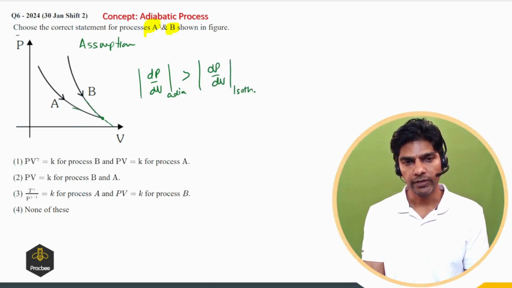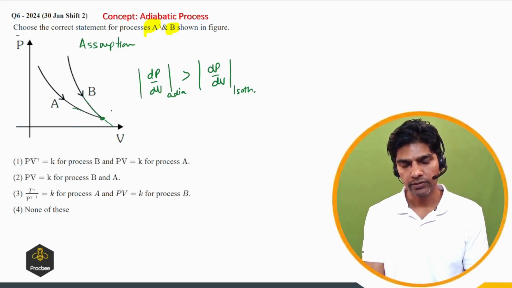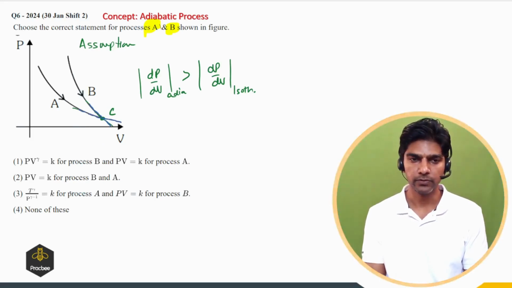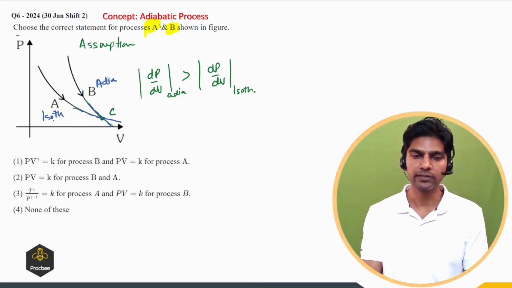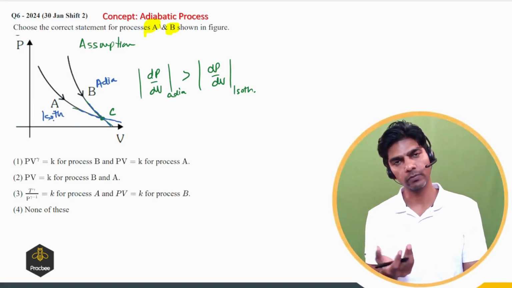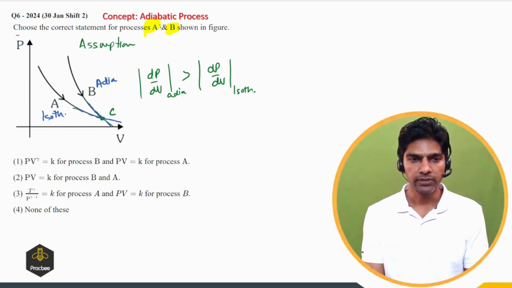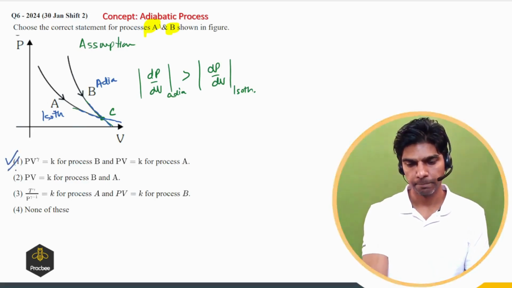If you look at this point, let me call it C. At C, the slope of the B curve is steeper than the slope of the A curve. So we can say the B curve is adiabatic and the A curve is isothermal. That assumption we have to take: one process is isothermal, the other is adiabatic. So process A is isothermal, so PV should be constant, and process B is adiabatic, so PV raised to power gamma is constant. So option 1 is the right answer.